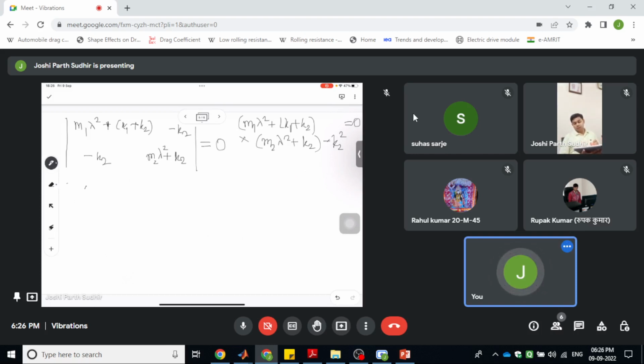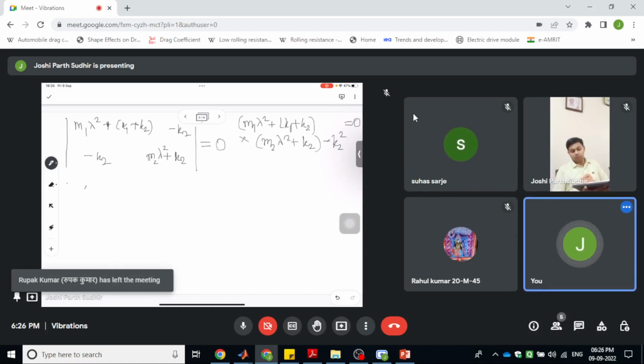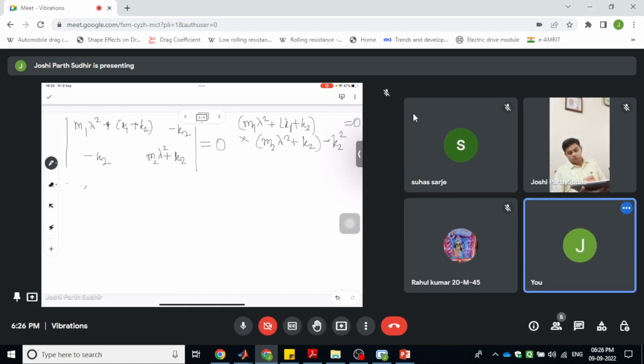By equating the value of the determinant to 0, we can solve for lambda.